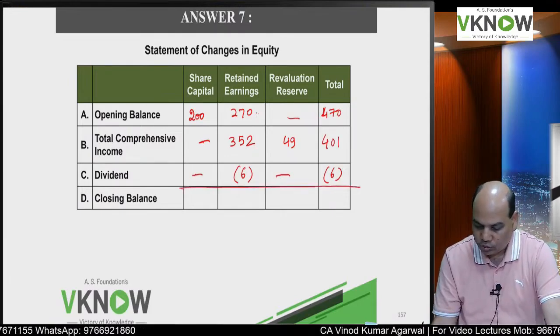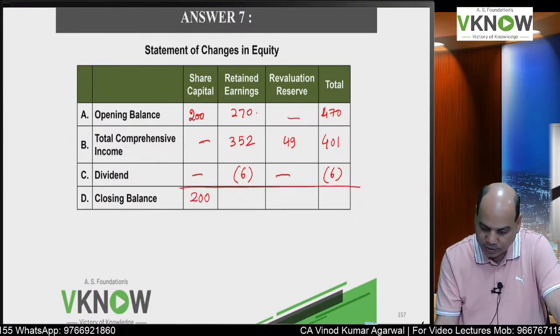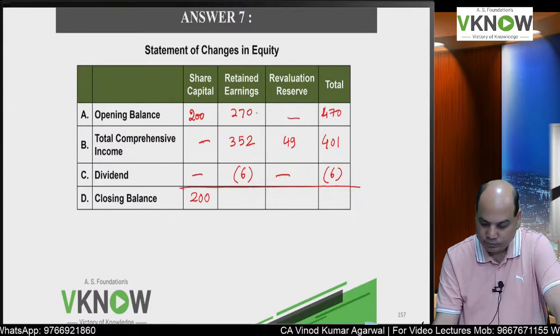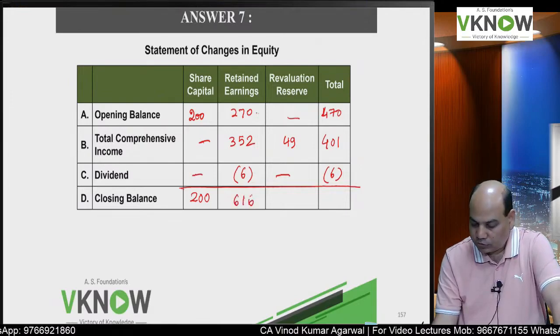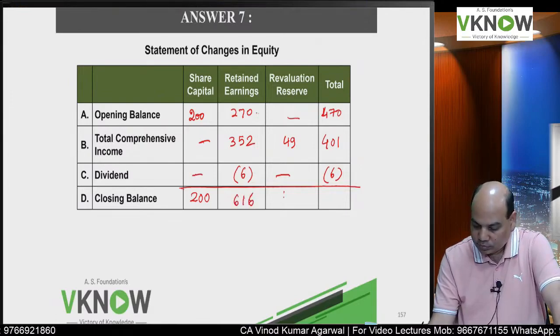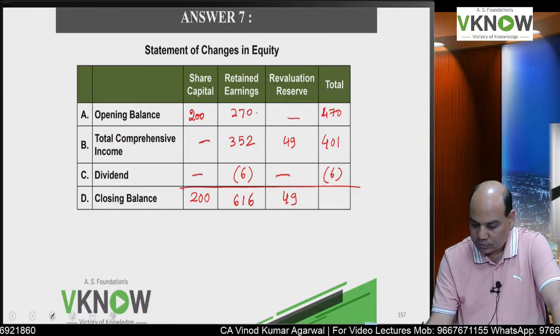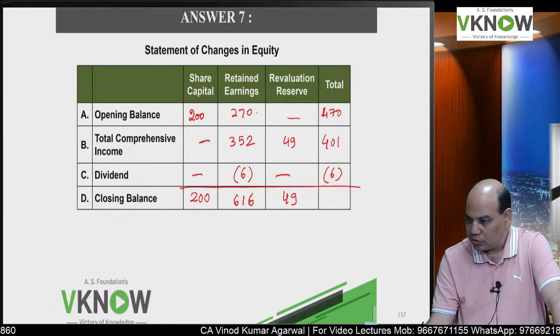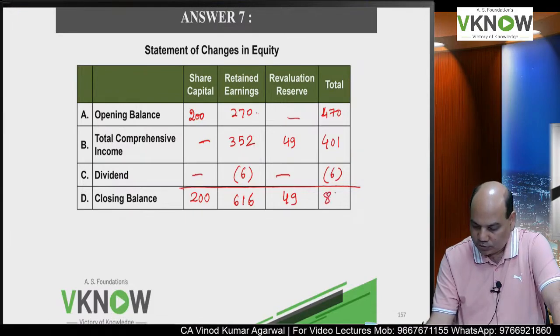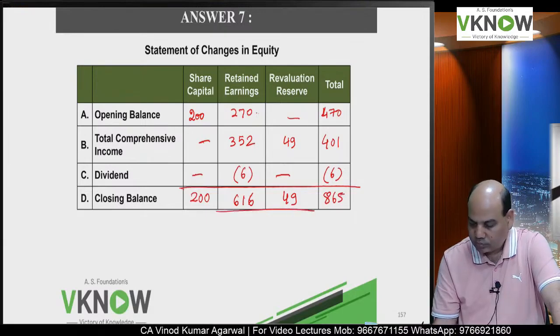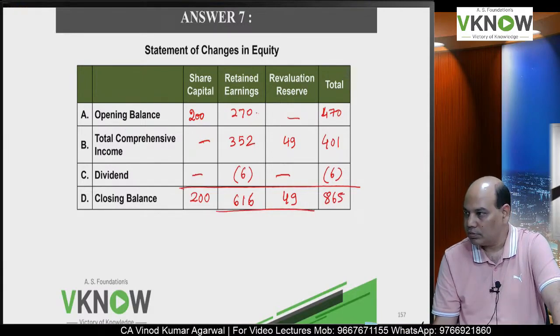Now take the vertical total. 200. Second column, 616. 49. Last column, 865. Is it right?